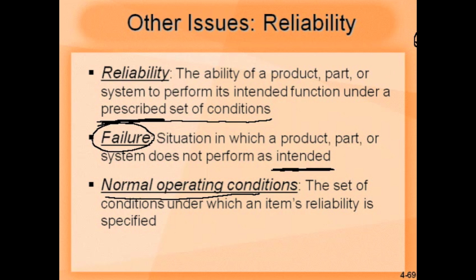So the reliability will be applicable only when the product or service is operated under those specified conditions. For example, a computer, you would assume should be used under normal conditions, around room temperature and things like that. So obviously if you put that into water, it may not work. That's not a normal operating condition.